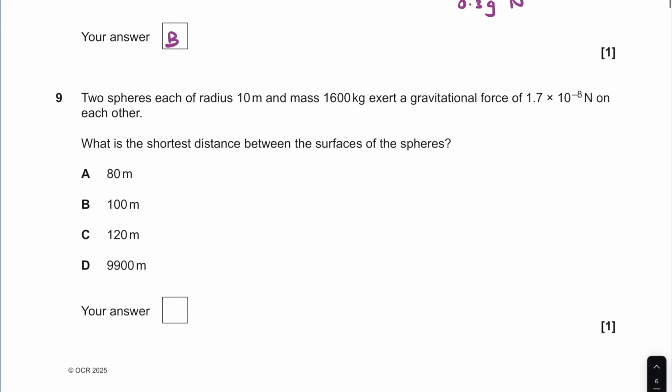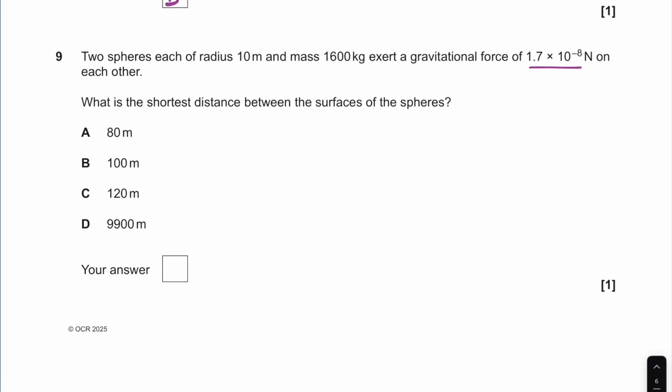Okay, question number 9. Two spheres of radius 10 meters and mass 1600 kilograms exert a gravitational force of 1.7 times 10 to the minus 8 newtons on each other. What is the shortest distance between the surfaces of the spheres?